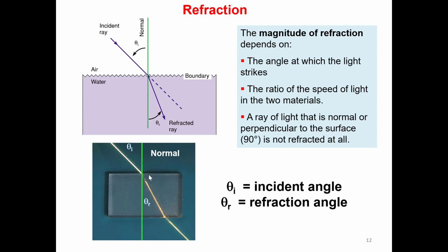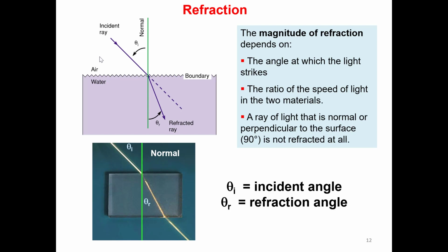Here, this is a real picture, and this is happening with the light passing through glass. Here we can see this is the incident angle, this is the refracted angle. And again, this happened because the speed of the light changed.